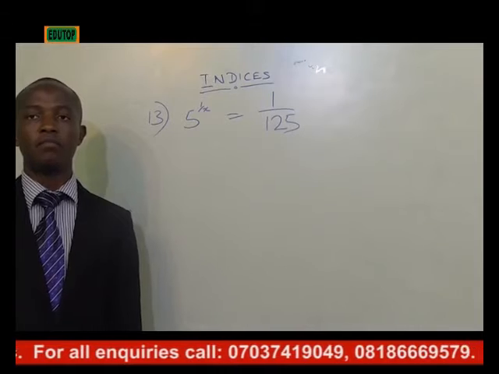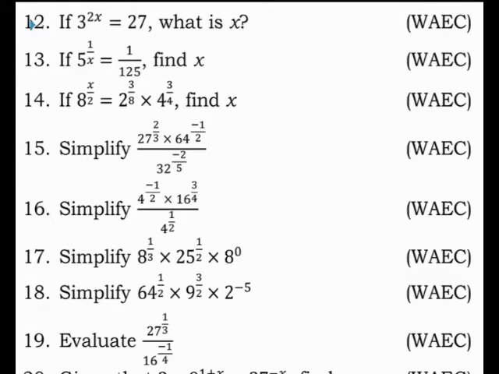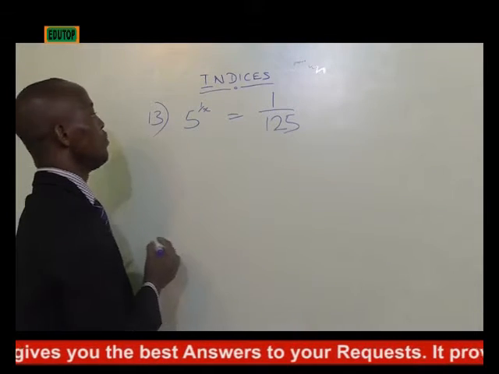Example number 13. If 5 raised to power 1 over x is equal to 1 over 125, find x. We have to find the value of this x.